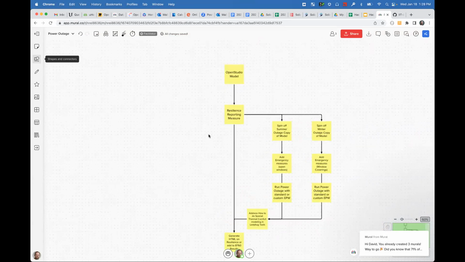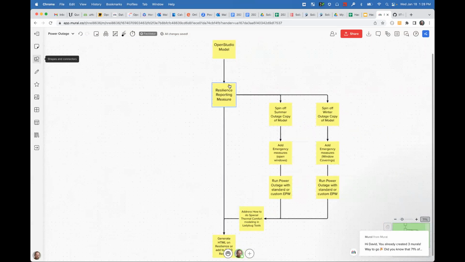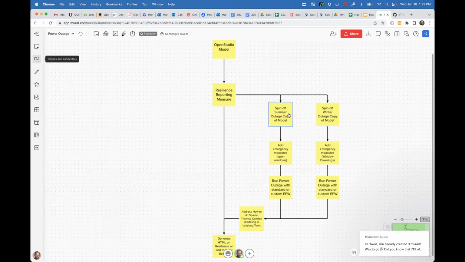So the way we did this is we wanted to develop a reporting measure, because you still need to get your 8760 results. So you know what your building EUI is and all the other metrics you care about for business as usual. But then we wanted to spin off both a summer and a winter copy of the model. For our purposes, initially, we used the standard weather file and we manually selected the outage period for what was the worst.